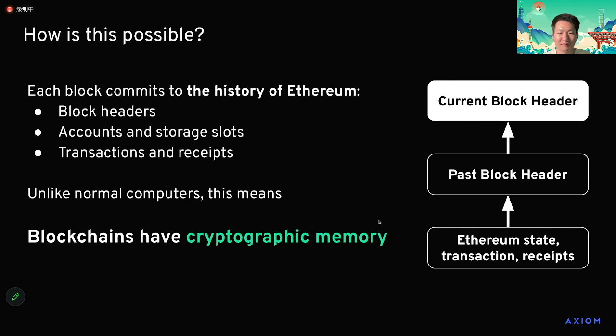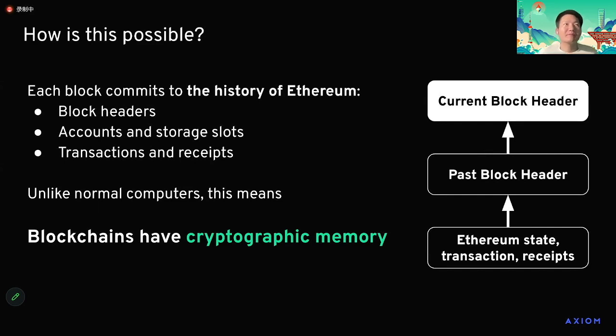So I told you a lot about what Axiom can do, and I now want to talk through how it's even possible. And that's going to get to the concept of reflection that's mentioned in the title of the talk. So the core principle that enables all of this is that every block of Ethereum, and in fact of any blockchain, actually commits to the entire history of the chain.